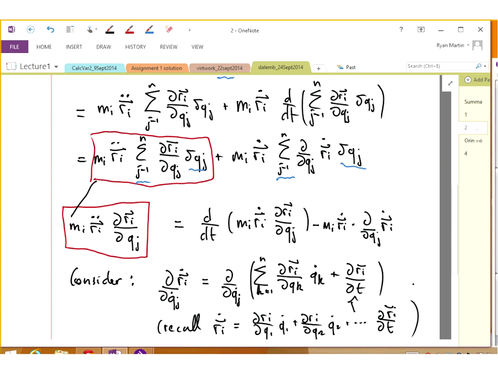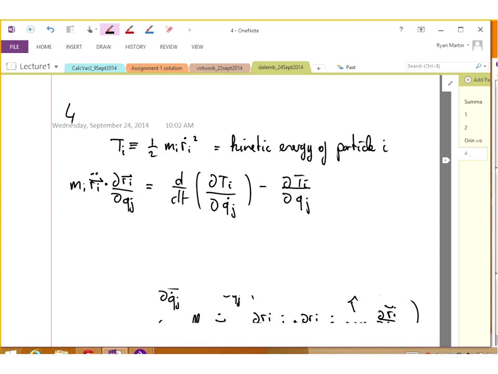Now, one point here: in this equation, we did that same expansion of the vector r over the n generalized coordinates. But we already were using the index j because we're looking at the j term of the sum, so I had to introduce an extra index k, but k goes over the same range of indices from 1 to little n. It's kind of like when you write an integral, you shouldn't write the same variable as the dx and then have the integral go from 0 to x, right?